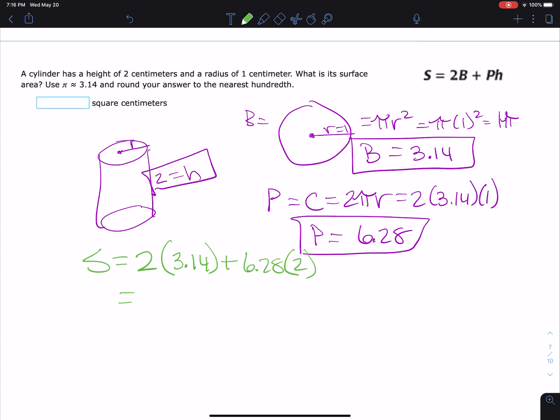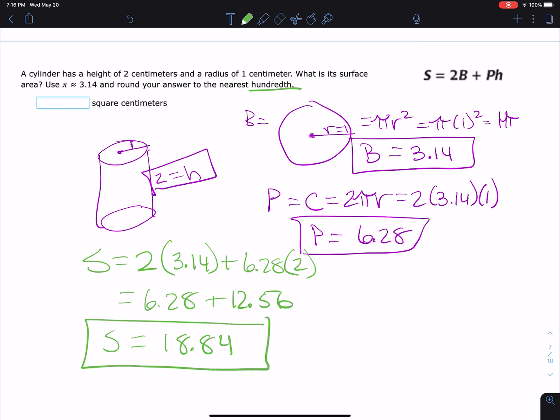Okay, so this would become 6.28 plus 6.28 times 2, 12.56, and then I just add these together, and I get 18.84 as my surface area. It says round to the nearest hundredth, which it already was, so we are good to go. Centimeters squared, but as you know, they already give you the units, so you really don't have to worry about it, which is nice.